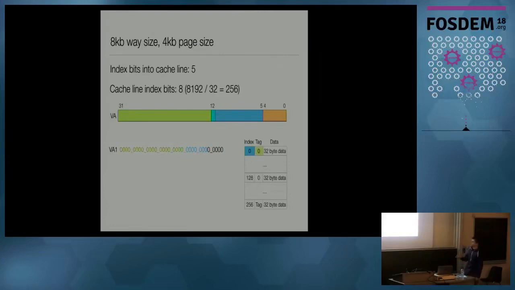Then we take the upper 20 bits of our virtual address to find the tag, and because it's 0, the tag is 0 here as well. Okay, now we have a second virtual address, and again we have the physical page 0, so all 12 lower bits are 0. We have it here, but it is mapped at a different virtual address.